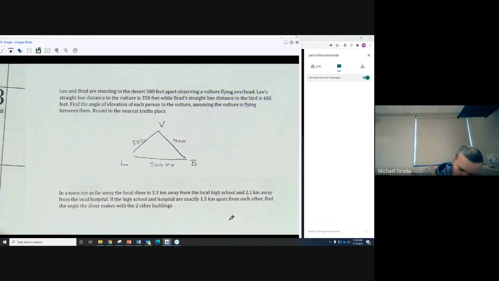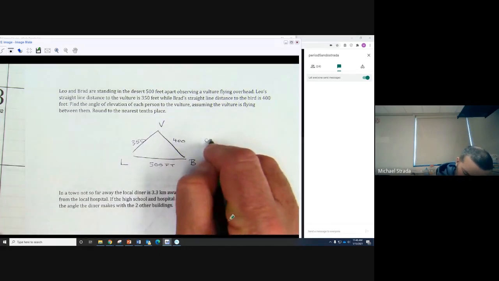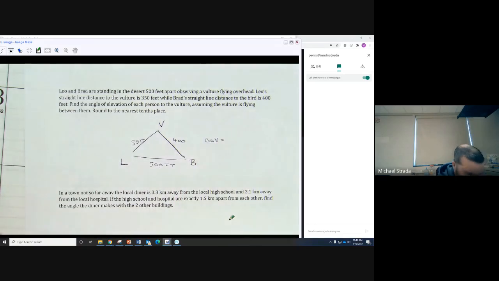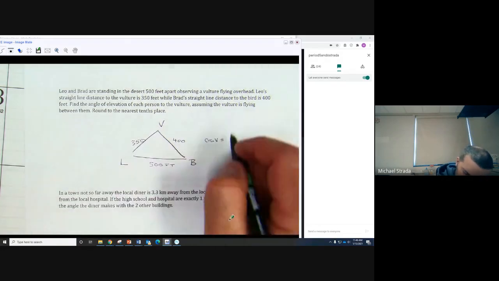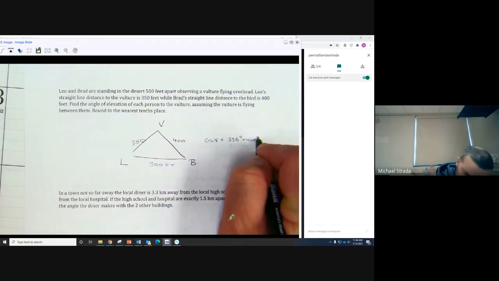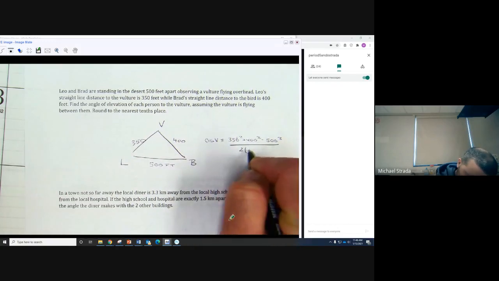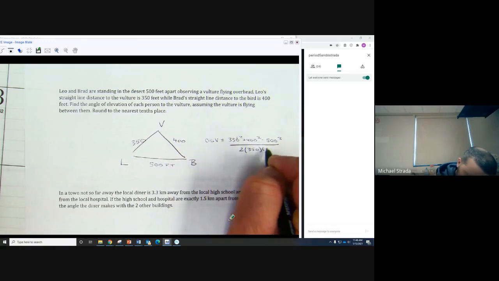All right. Since 500 is the biggest side, we're going to find V. So the cosine of V equals the two sides, 350 squared plus 400 squared minus the opposite side squared, all over 2 times the first two sides, 350 and 400.